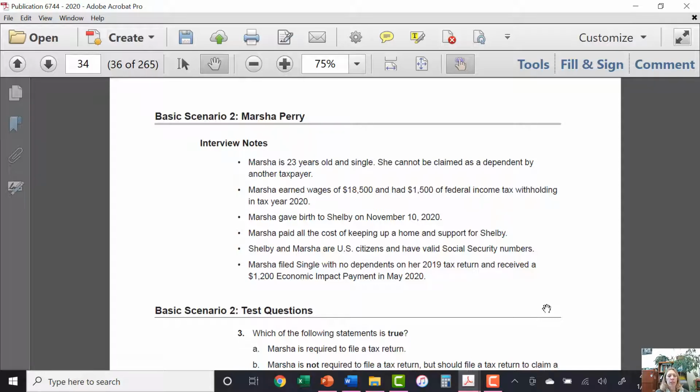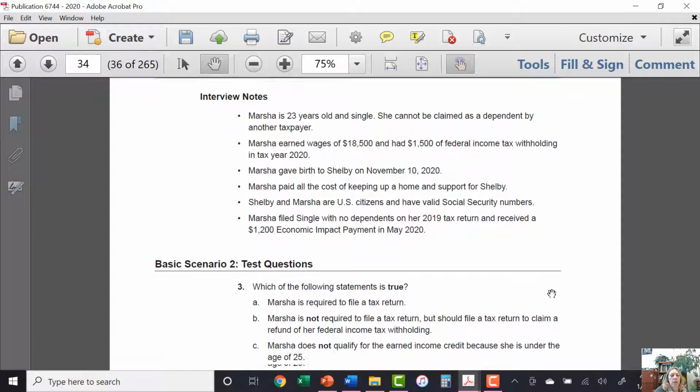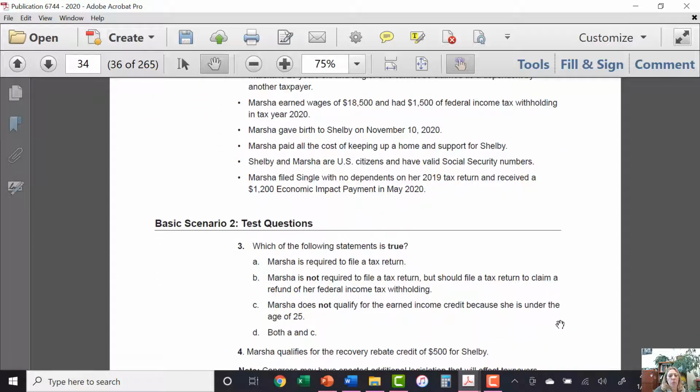Shelby and Marsha are U.S. citizens and have valid Social Security numbers, and Marsha filed single with no dependents on her 2019 tax return and received a $1,200 payment for 2020. Because in 2019 she didn't have any kiddos, but now she does. And her stimulus payment didn't reflect that, so she's going to get a recovery rebate credit for Shelby on her tax return.